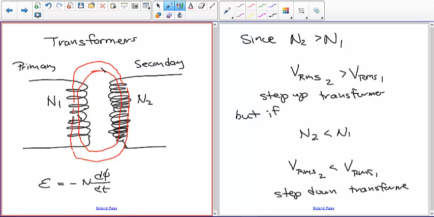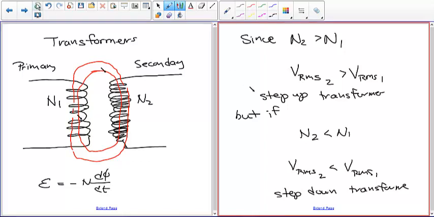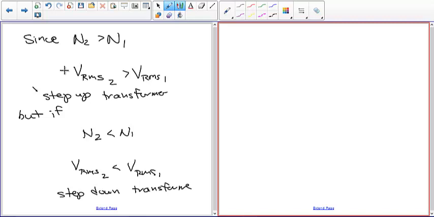They also get kind of warm, since you're losing energy inside. So if you increase the frequency of the oscillation, then you need a lot less material for your core to connect the two coils together. So I'll write that down.